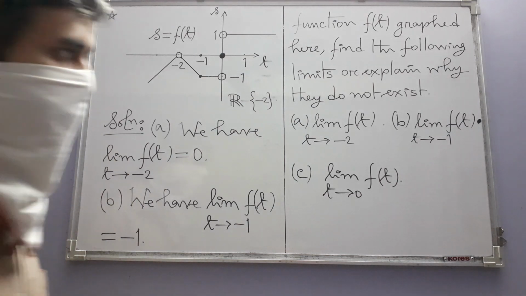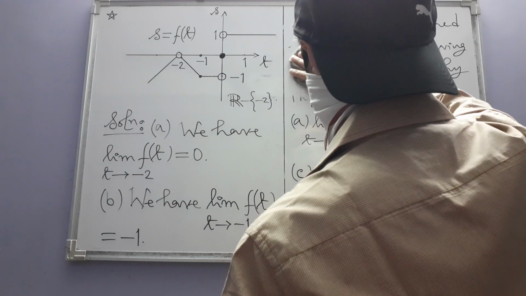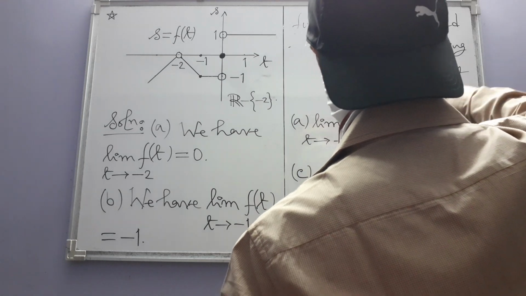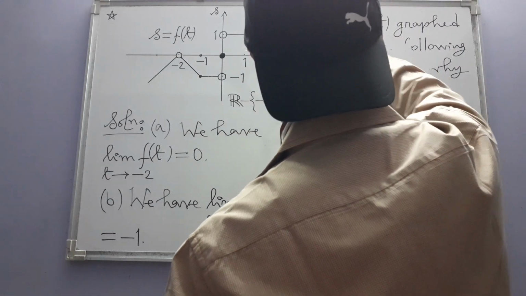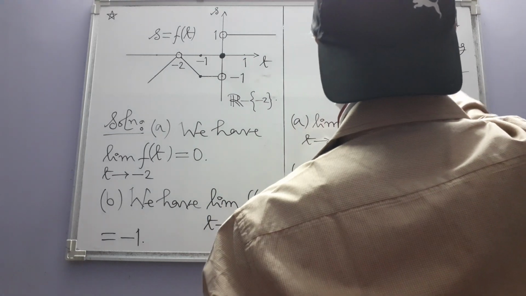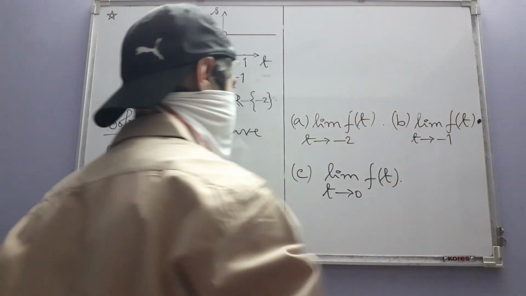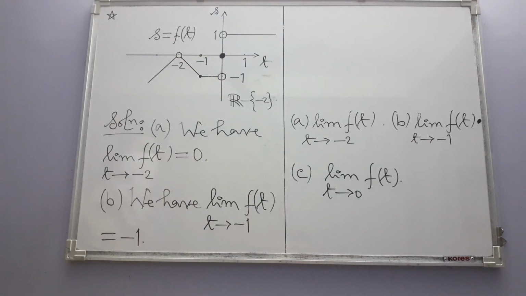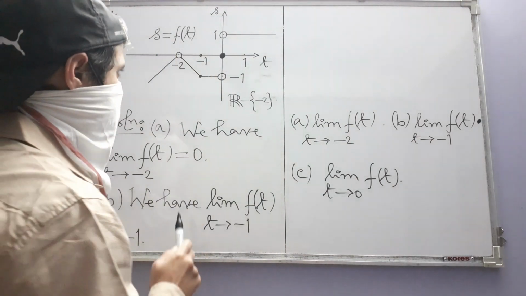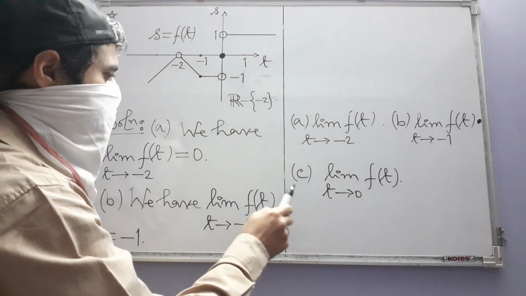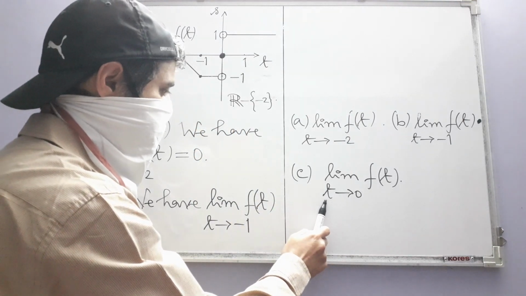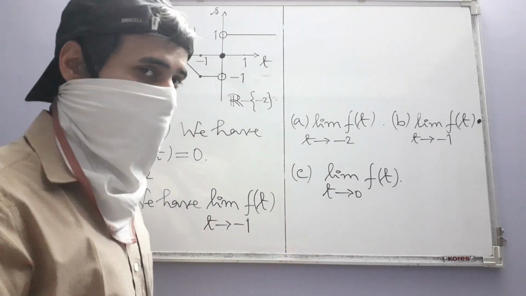And then we have part C. In case of part C, you can almost see that the limit does not exist, because in part C the independent variable is approaching 0.